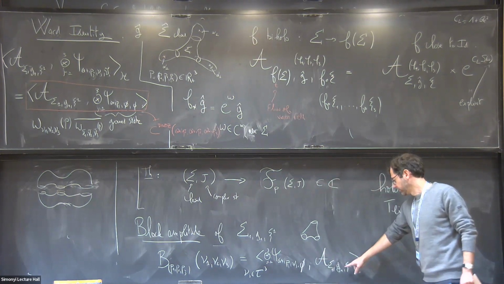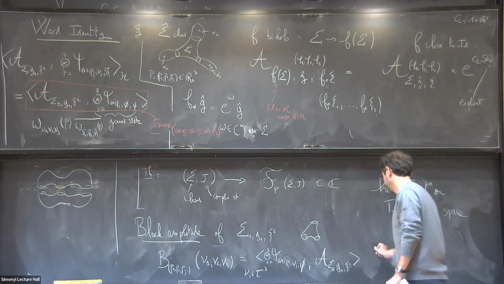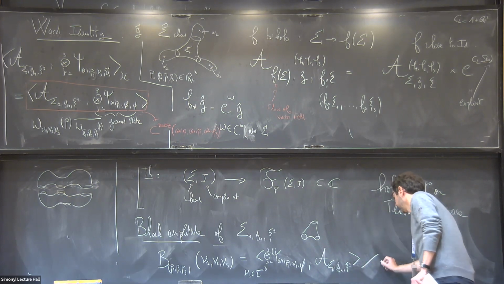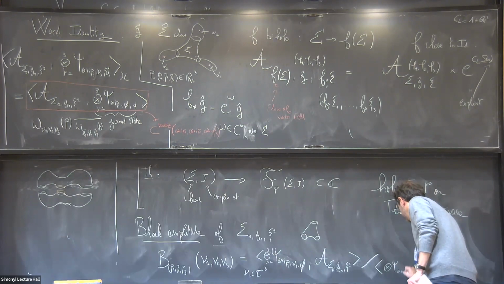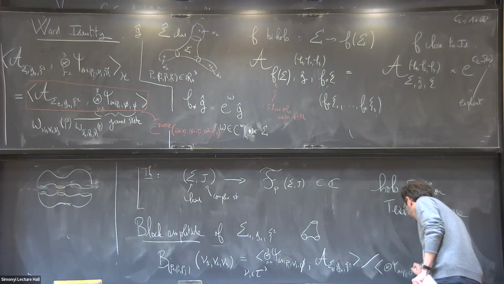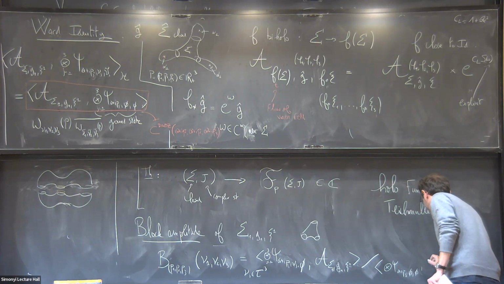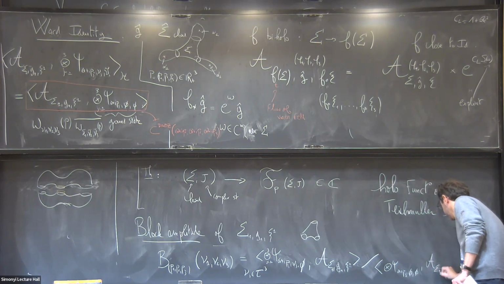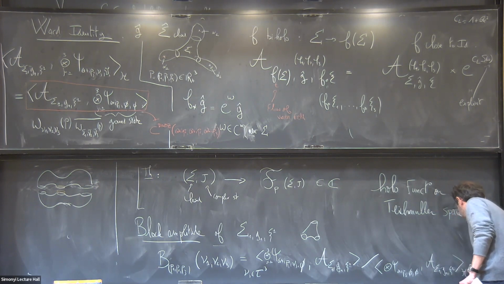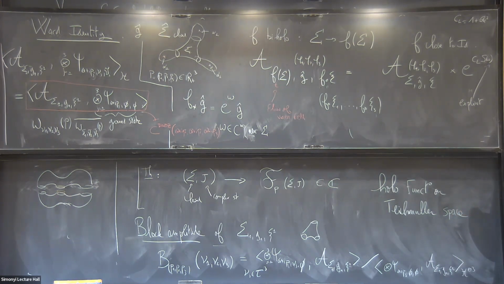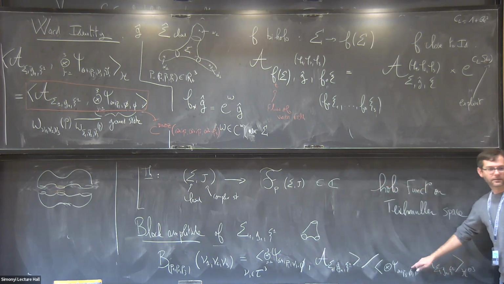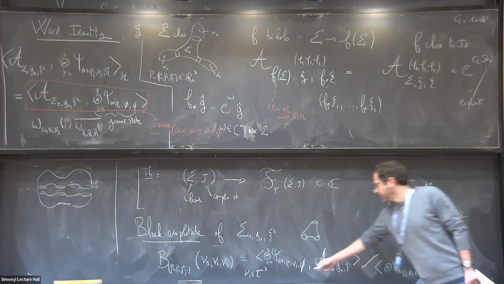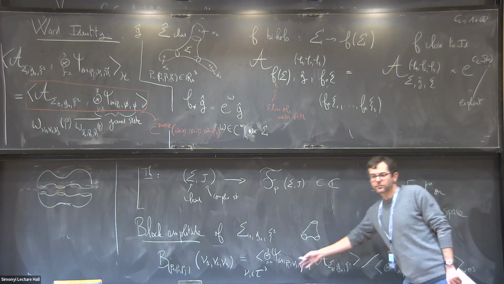But this guy depends on the metric. So what I will do is this, and I divide by the same thing but I put the primary field here. Okay, so I take the matrix coefficient, but I divide by the one if I take the primary field. So in particular, for nu j is 0, this is just 1.